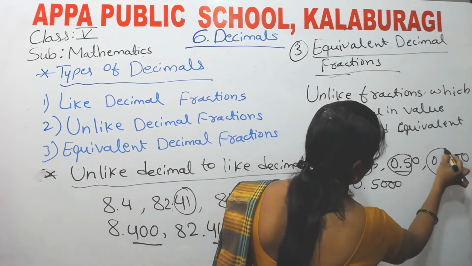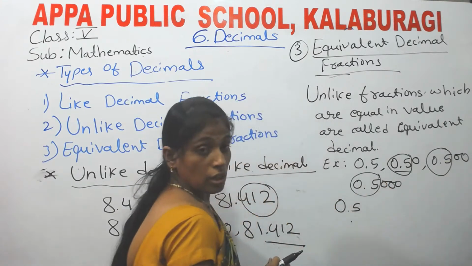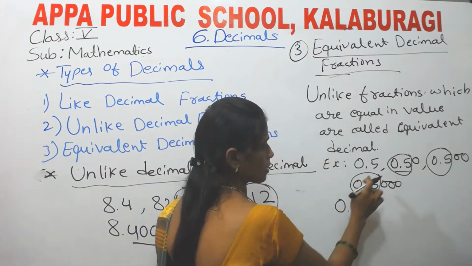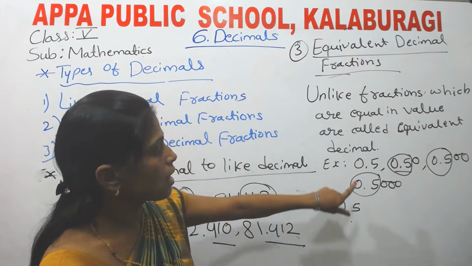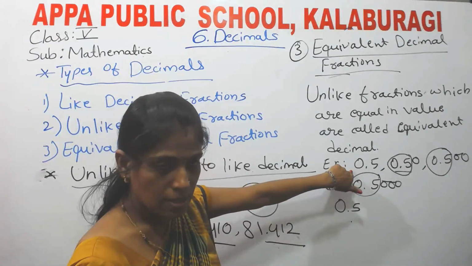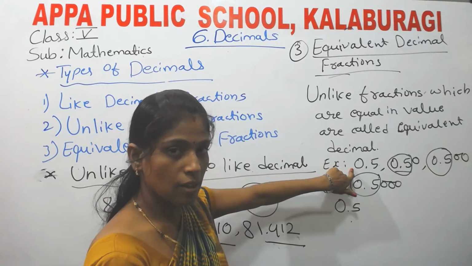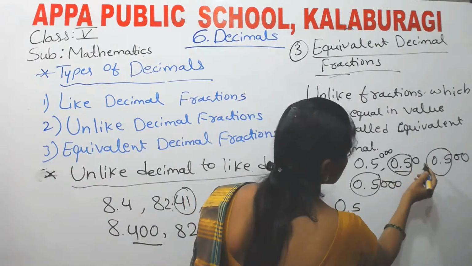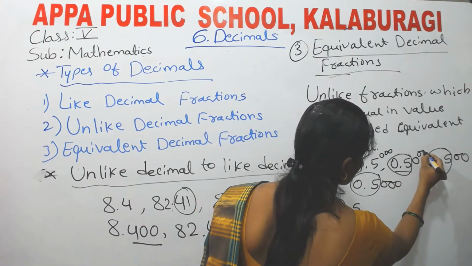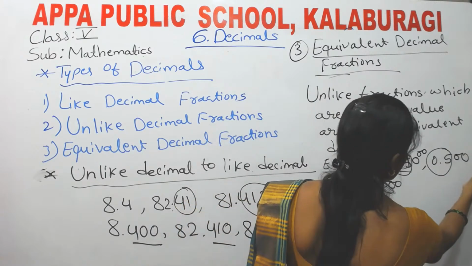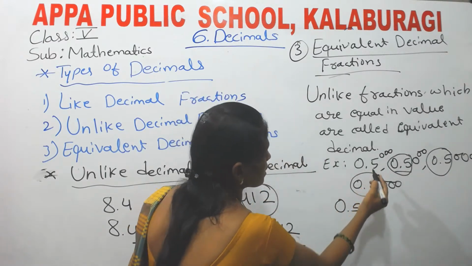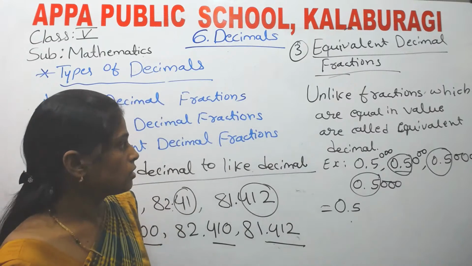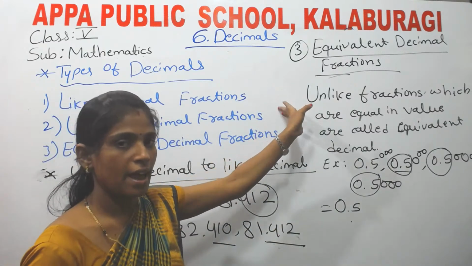After the decimal point, here there are two zeros, and here one zero. Here there is none. That means these are unlike decimals, and you have to change them. Like decimals means you will get here two zeros, and 3 is the highest, so you have to do here also three digits. See here, these are all equal to like fractions, equal to 0.5. These are the equivalent fractions examples.